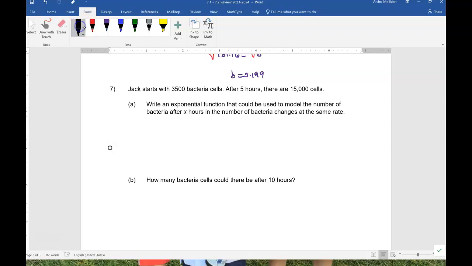So this should be an if. Okay, so the equation that we're going to use is y equals a times b to the x. All right, so the equation y equals a times b to the power of x.